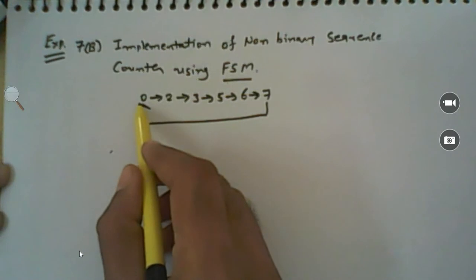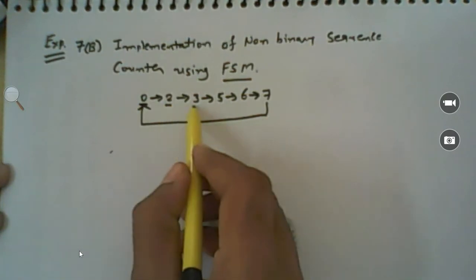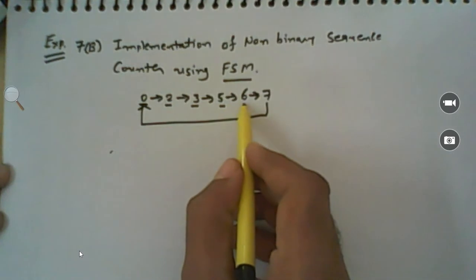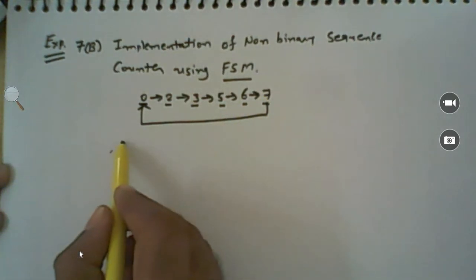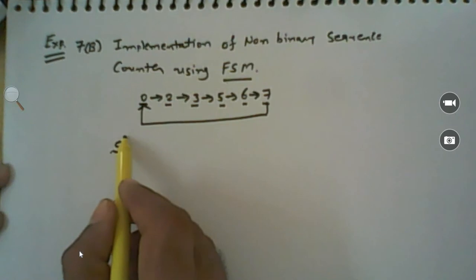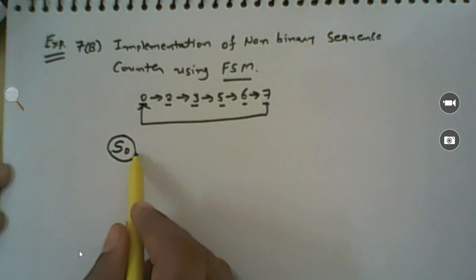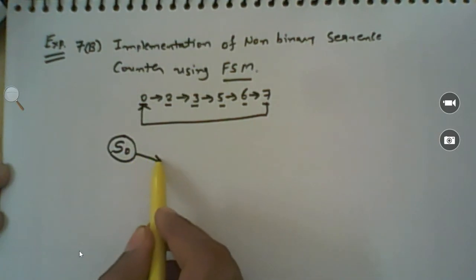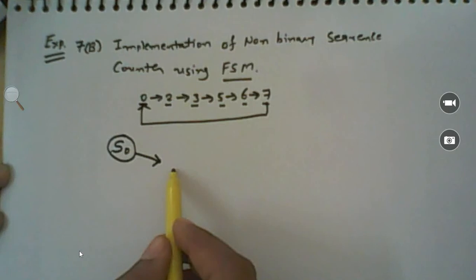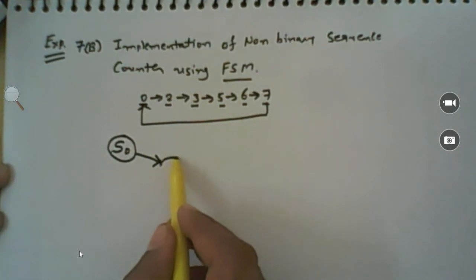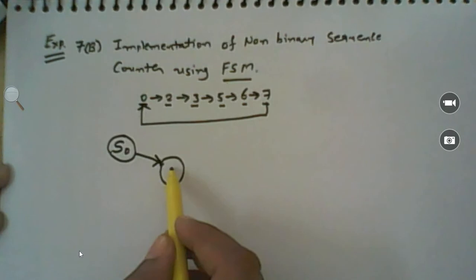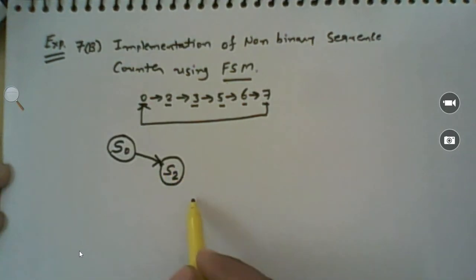Here we need to display six different states, so we require a six-state diagram. To display the 0, we give the state the name S0. At the positive edge of the clock we want to go from S0 to S2. S2 means we want to display the 2 when in state 2.